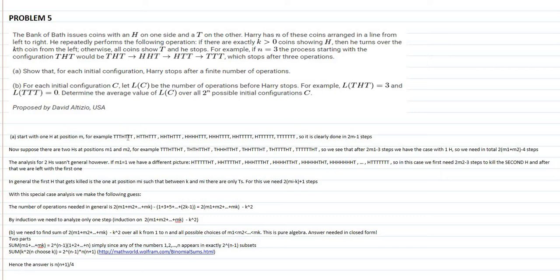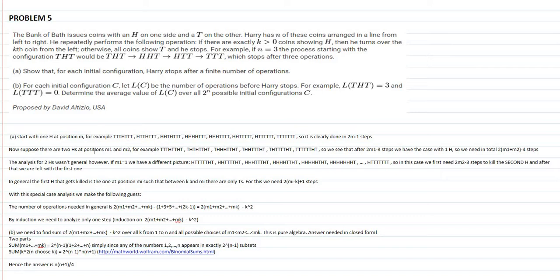So if you start with one H at position m, you essentially need 2m minus 1 steps to finish, and it's clear how it's done. The number of H's goes up, and then it goes down, down, and then you eventually end up with 0.